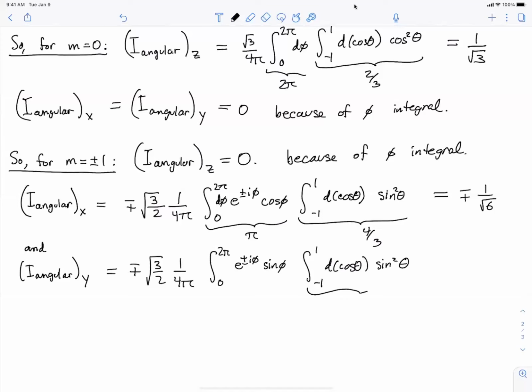So that's once again 4/3. When you do that integral, and you can do it by taking the e plus or minus I phi and writing it as cosine phi plus or minus I sine phi, that works out to be plus or minus I pi. And so this works out to be minus I over square root of 6 for both plus or minus signs.